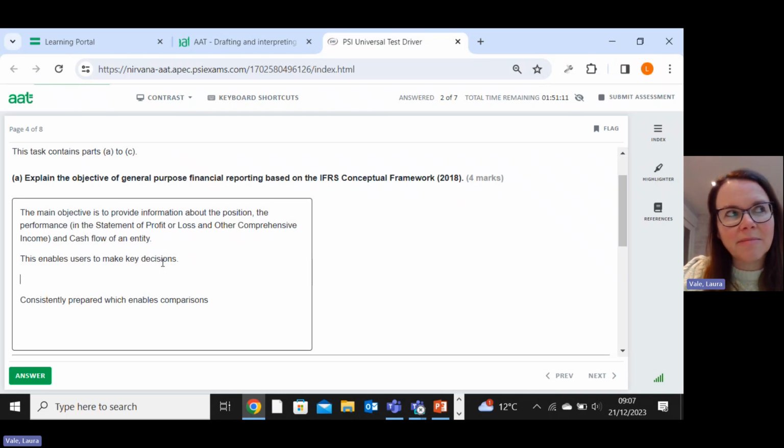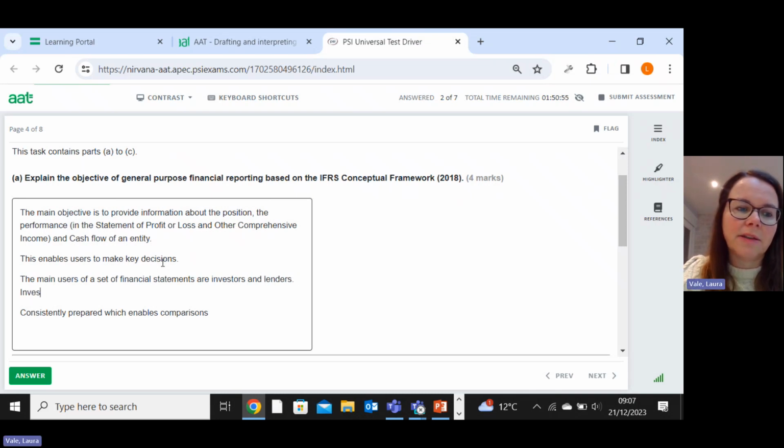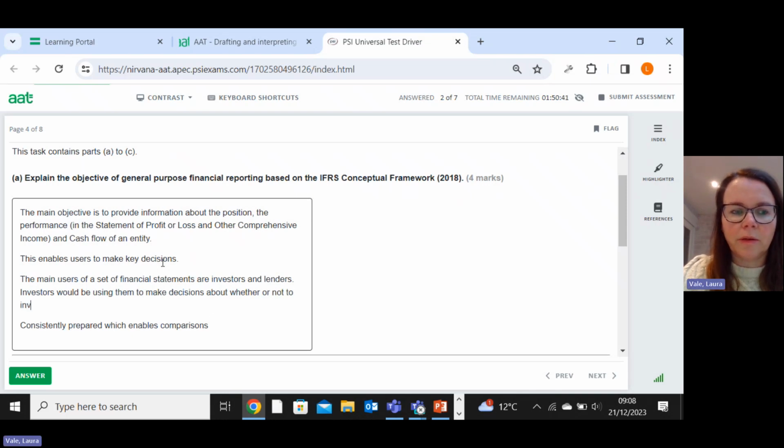So I would then build in my knowledge that the main users of a set of financial statements are investors and lenders. So I could say investors would be using them to make decisions about whether or not to invest based on likely returns and gains.